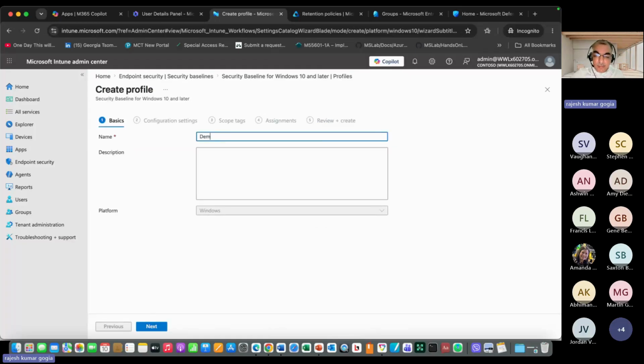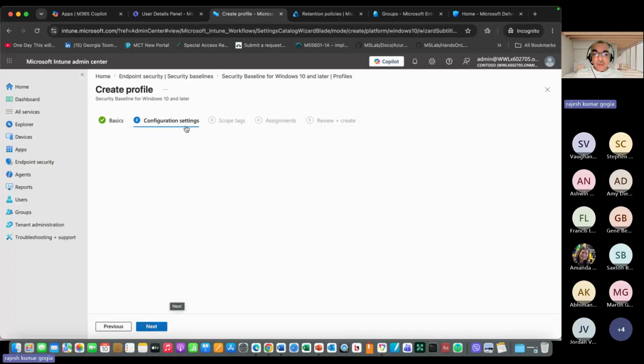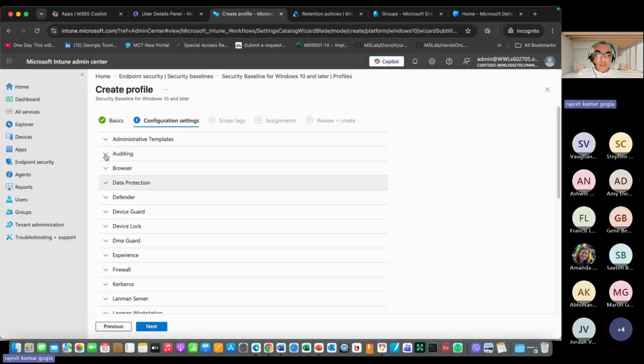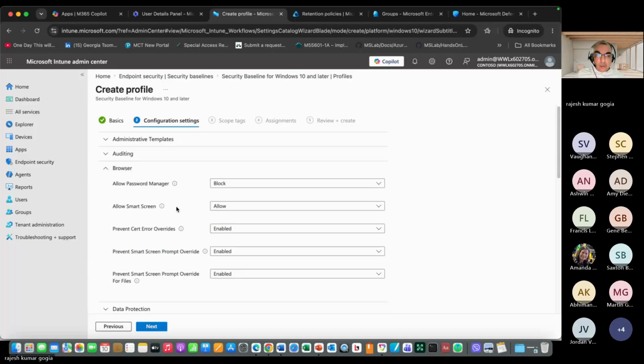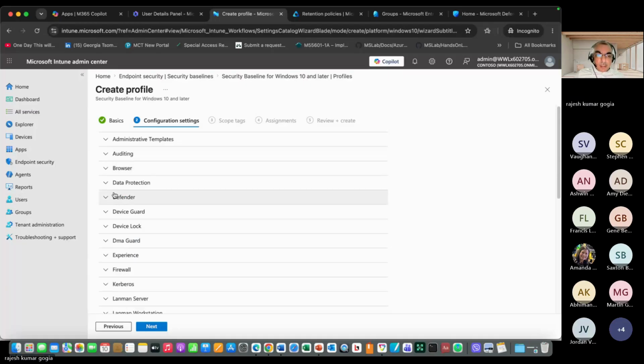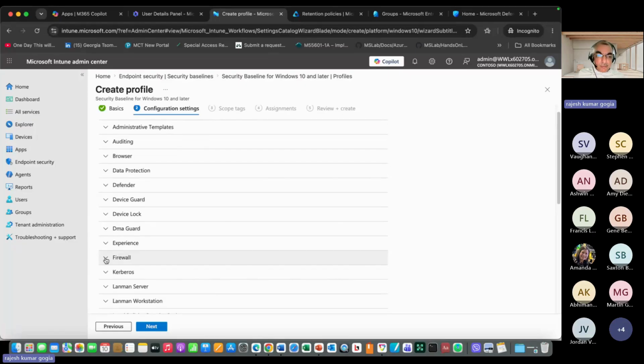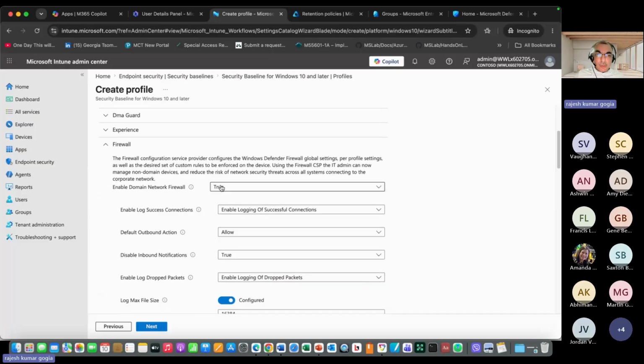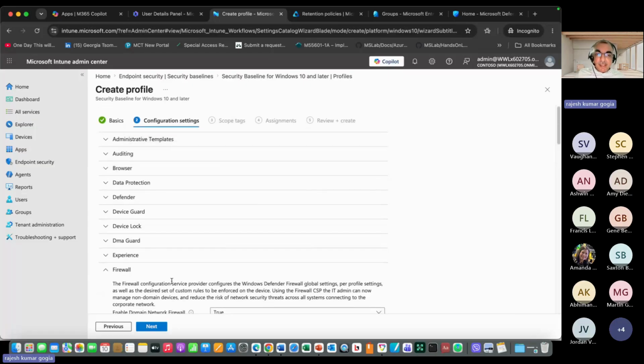Let's say, for example, I can define so many restrictions: whether auditing is to be enabled, browser restrictions, or, for example, the firewall, whether you want to turn on the firewall. So what are you defining? You're creating a security baseline, and these baselines can be assigned to the devices which have been onboarded with Intune.